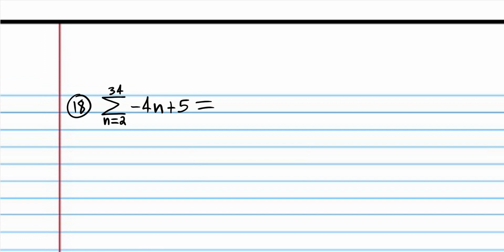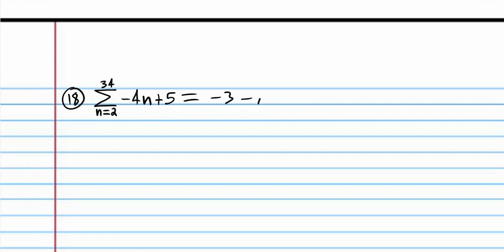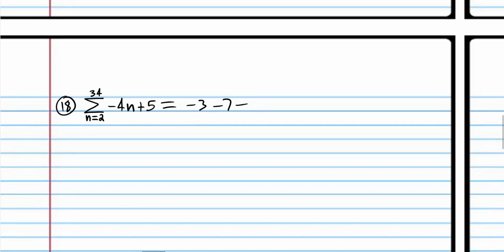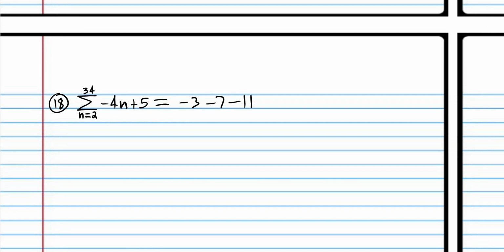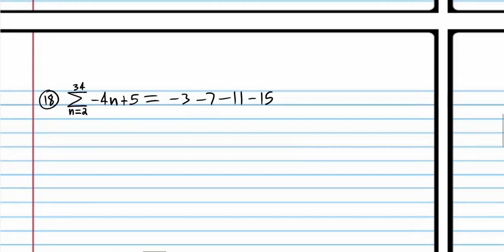Let's write out the first terms. So we have negative 3 as the first term. If you plug in 2, you get negative 3. Plug in 3, you get negative 7. And plug in positive 4, that is, and you get negative 11. And plug in 5, and you get negative 15.